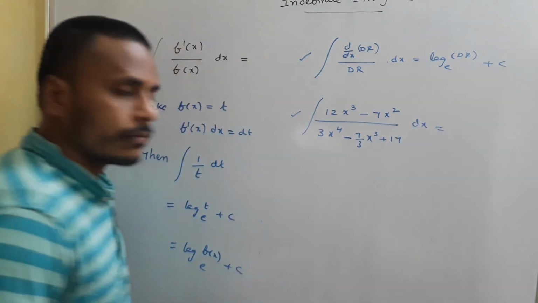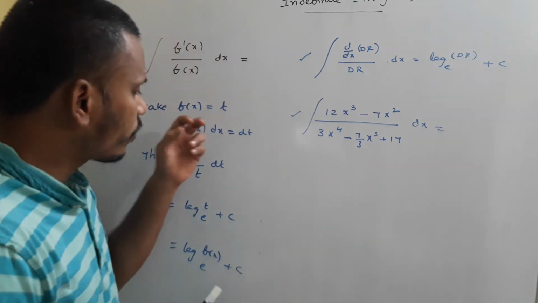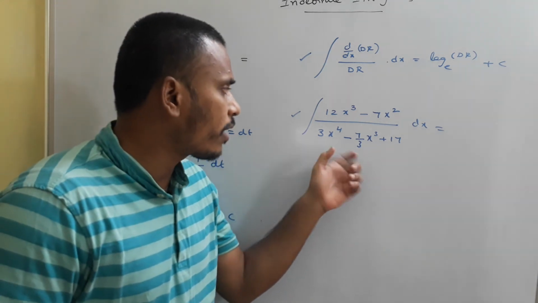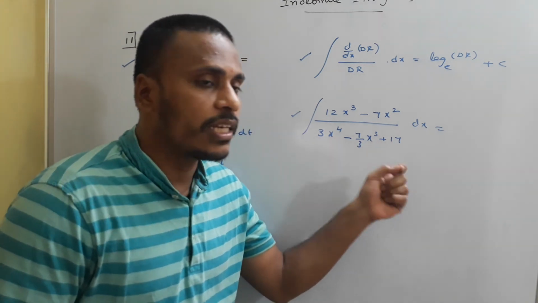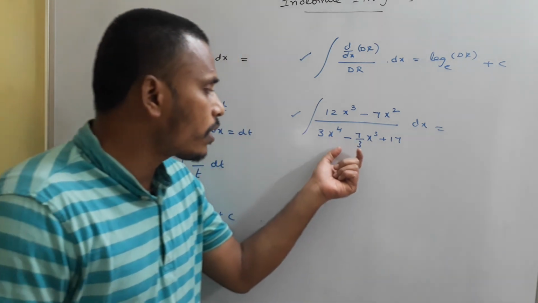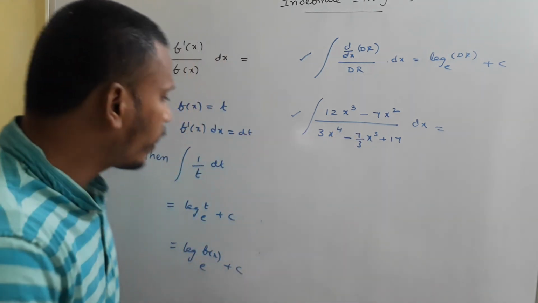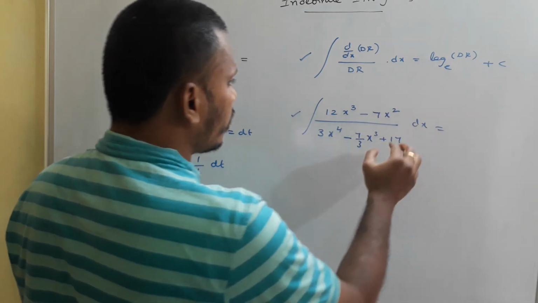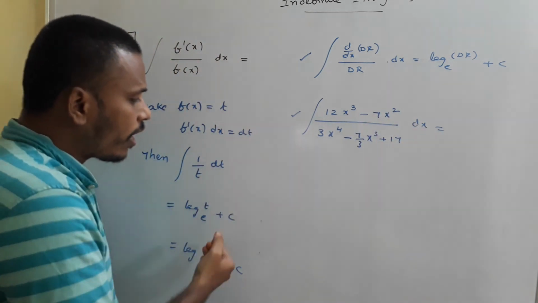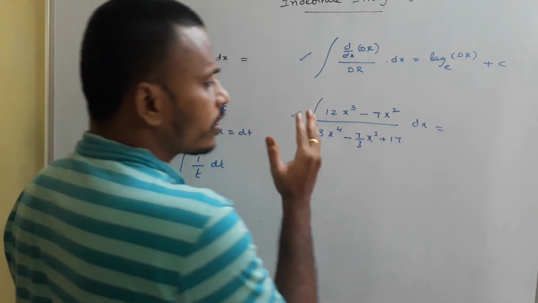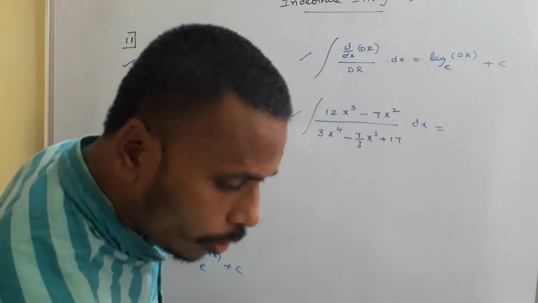What is its answer? When you try to answer this, you apply this format. What is the denominator here? 3x power 4 minus 7 by 3 x cube plus 17 is the denominator. What about its numerator? Every time there is no need to take the denominator as t and the numerator as dt, and no need to perform all these steps. If we are good at these steps, it is easy to answer these types of questions directly.